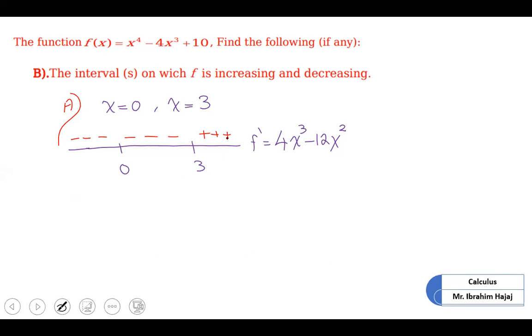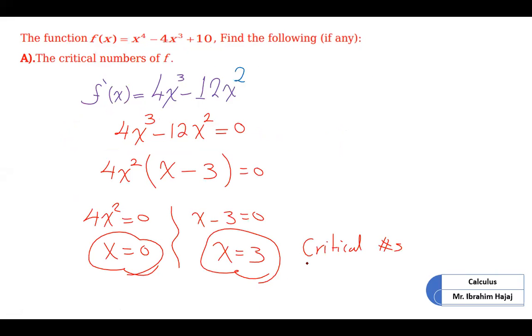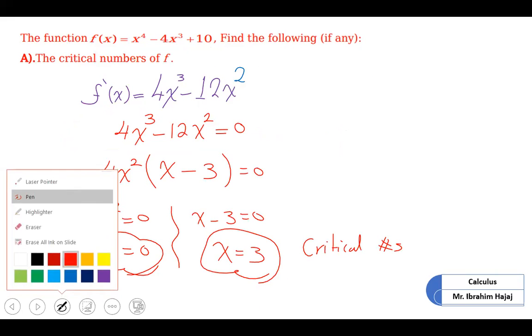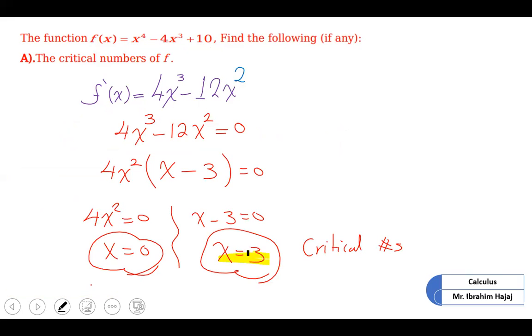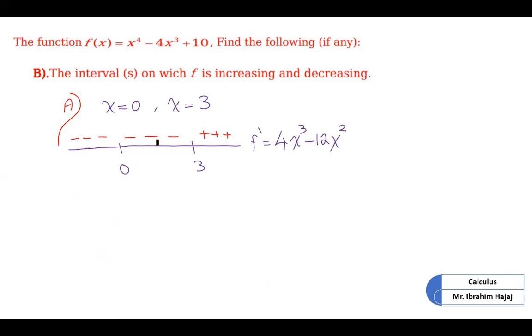So 0 is not a critical number because f prime doesn't change its sign, and only 3 is a critical number. So we have to move back to this question and write that only 3 is the critical number, because the sign of f prime doesn't change at 0: negative, negative.